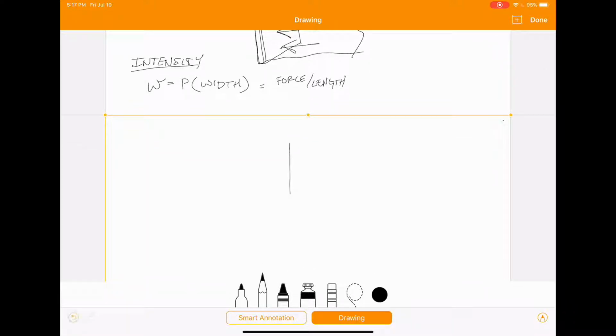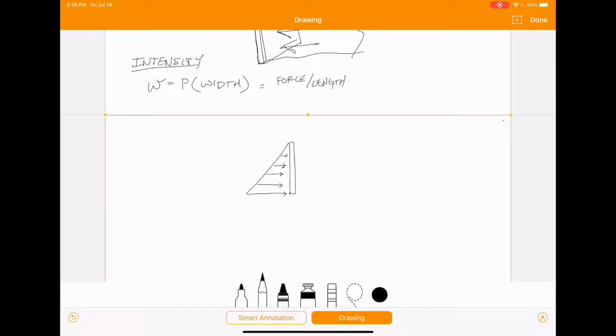So once we have our intensity function, then we have a force per linear foot, or a force per length. So force is going to increase as you go down. As you go deeper in water, it's going to increase linearly.